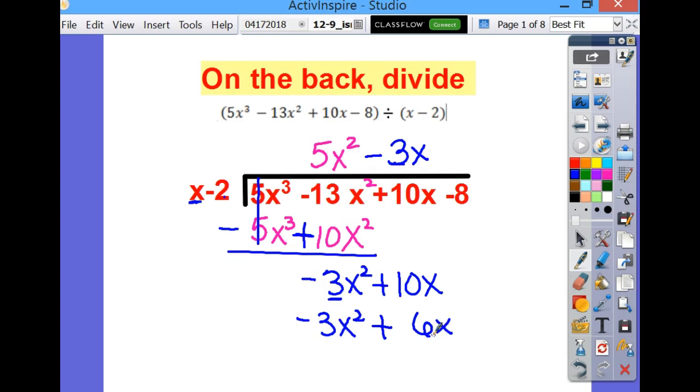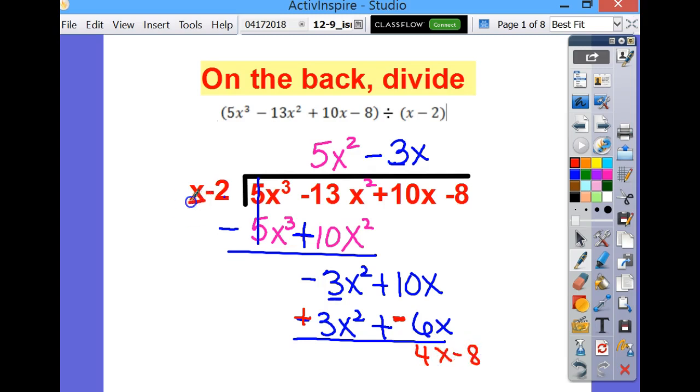6x. What I need to do is subtract. You will make fewer sign mistakes if you think of subtracting as changing the signs and adding up the columns using your integer rules. The 3s will cancel, and this would make a 4x. Bring down the 8.